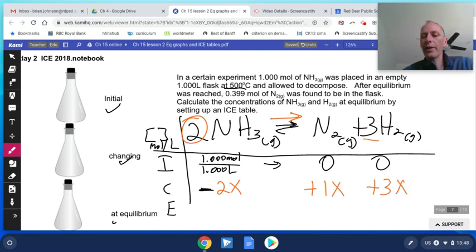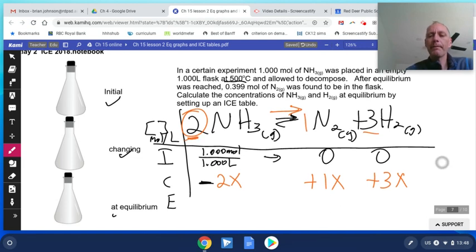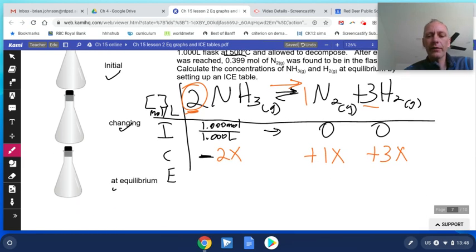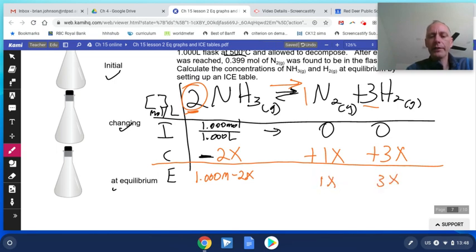So we're going to gain 3x, gain 1x, lose 2x. Okay, hopefully that's starting to make sense for you. Now let's add these up to get our equilibrium concentrations. 1 mole per liter minus 2x. 0 plus 1x is 1x. 0 plus 3x is 3x. Okay, so we have our equilibrium concentrations.